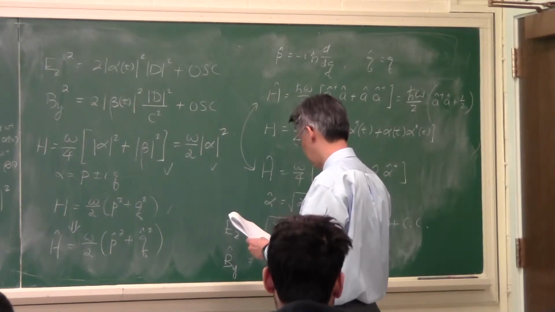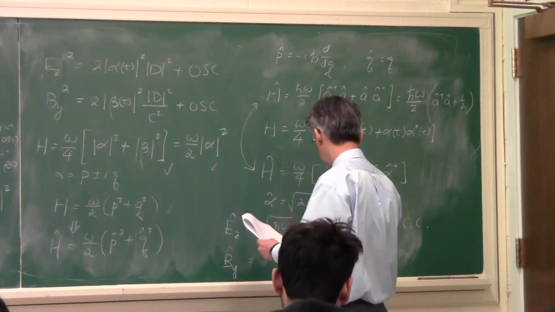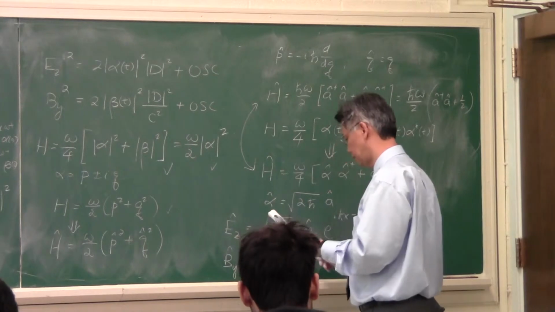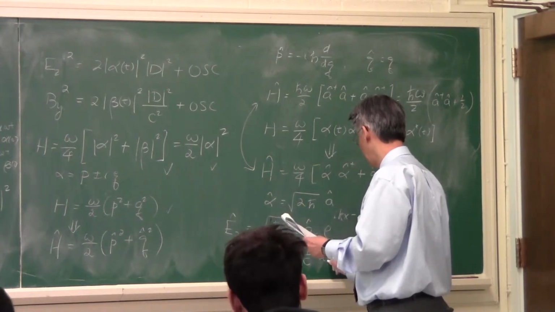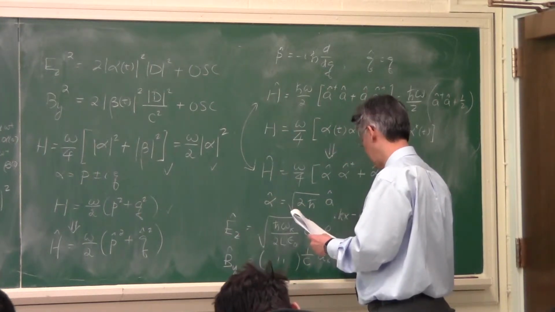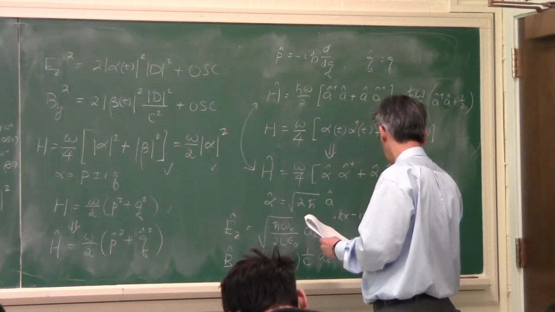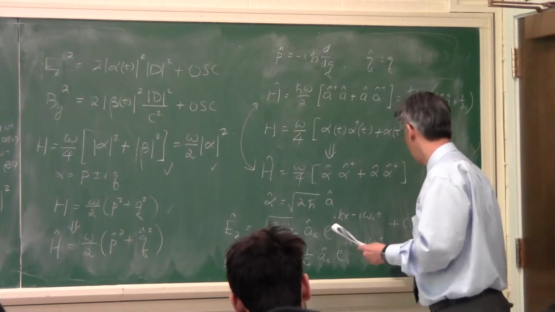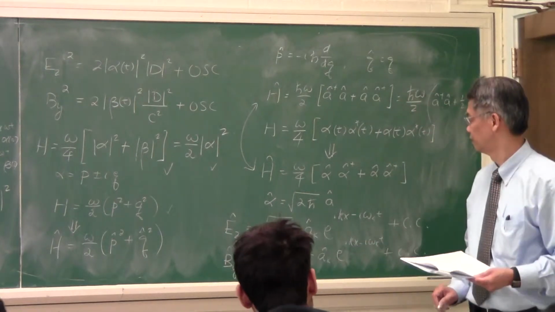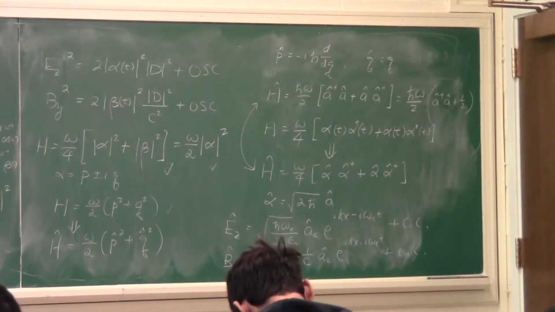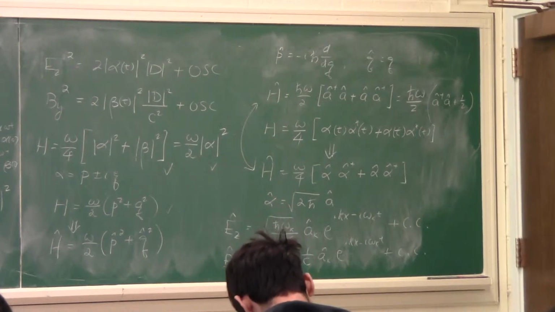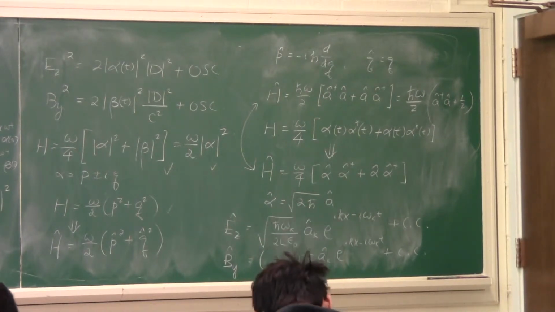Actually with the same factor over here, plus 1 over c, times a_k hat, and then with the same factor, e to the i k x minus i omega_k t, plus its complex conjugate. So all the fields now become operators, just like the case of the linear atomic chain. Okay?